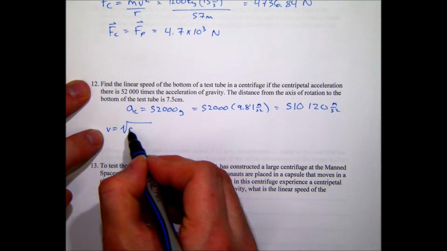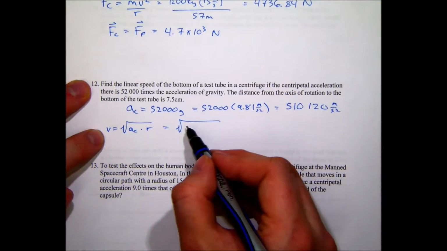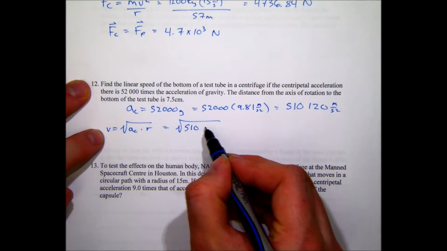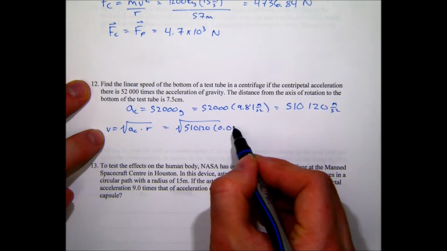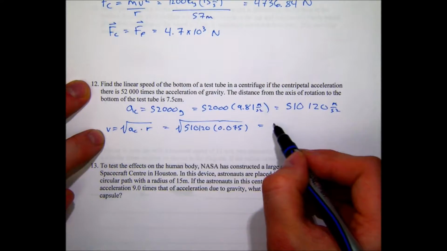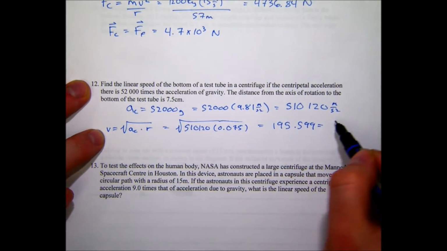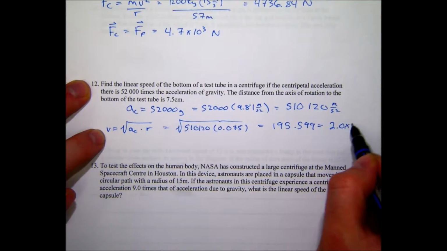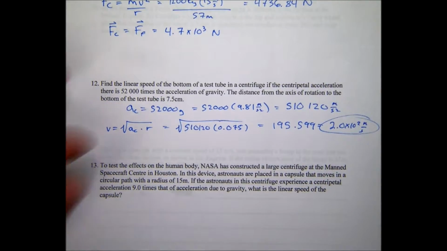Velocity is equal to the root of AC times R, which is the root of 510120 times 0.075, which is 195.599, equal to 2.0 times 10 to the 2. So it's going to be moving at about 200 meters per second to generate that force.